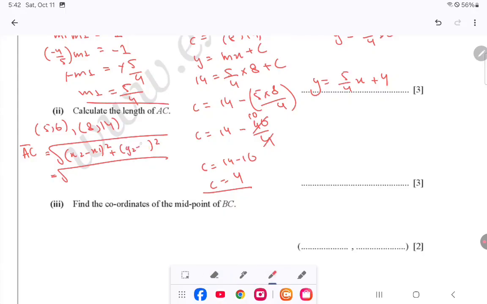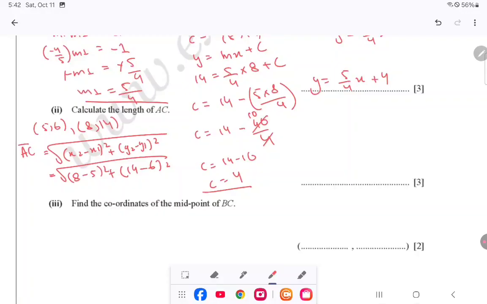The value of x2 is 8, x1 is 5, y2 is 14, y1 is 6. It will be 3 squared plus 8 squared. The AC value, if we take the square root, will be calculated as 8.544. This is the value of the distance AC.